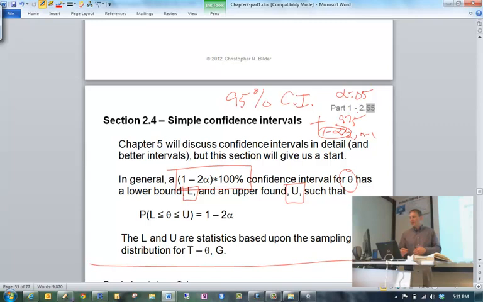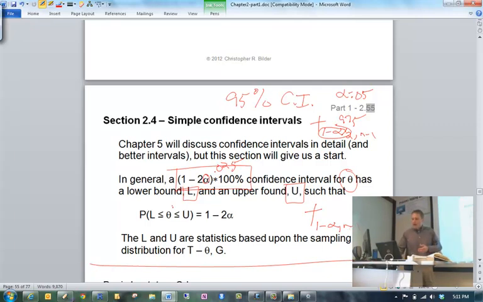Now all we're saying is that our alpha in this particular case is going to be 0.025. So if I use the notation in our book, we would find the 1 minus alpha quantile from a t distribution with n minus 1 degrees of freedom, where now alpha is 0.025. You get the same thing, it's just different notation. That's it.